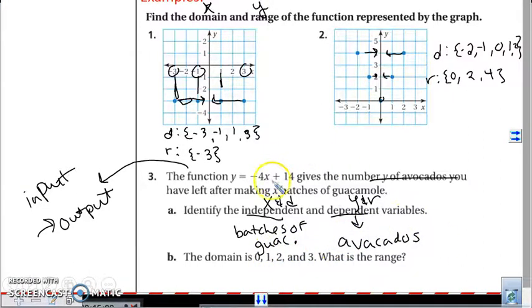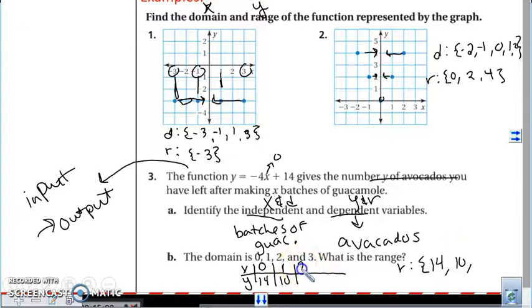If we plug in 0, negative 4 times 0 is 0, plus 14 is 14, so the range goes 14, comma. If we plug in 1 batch of guacamole, negative 4 times 1 is negative 4, plus 14 is 10.